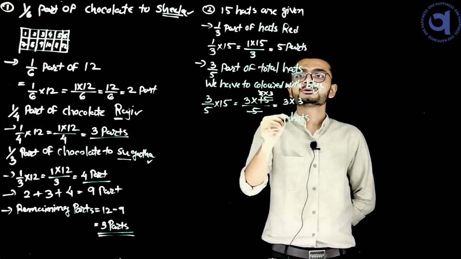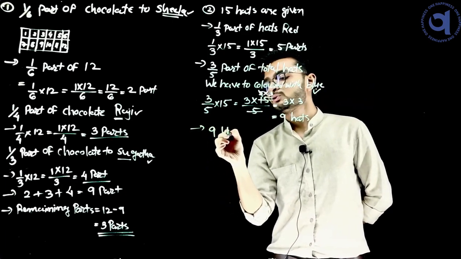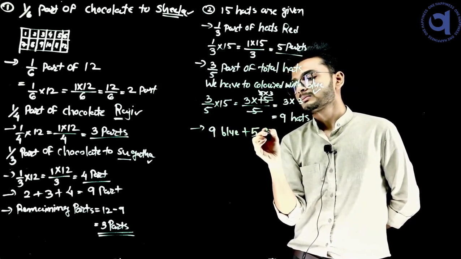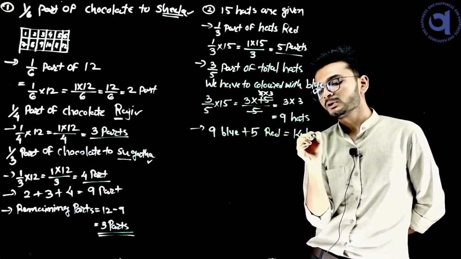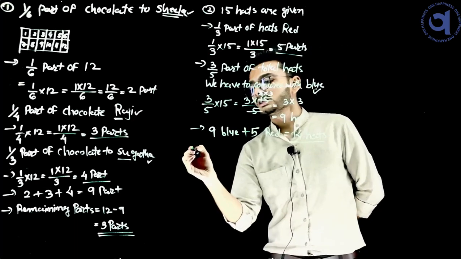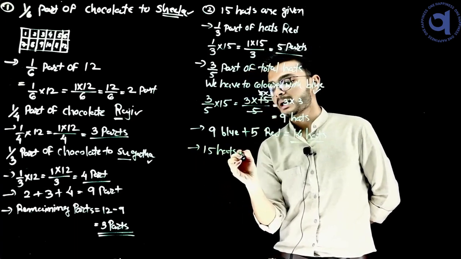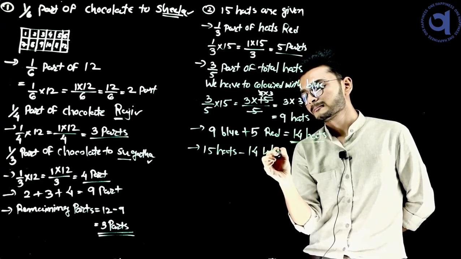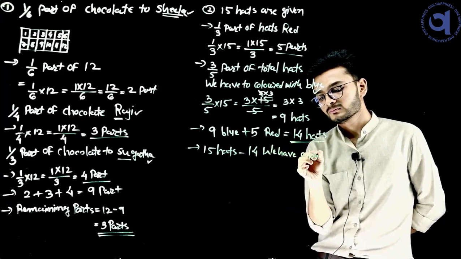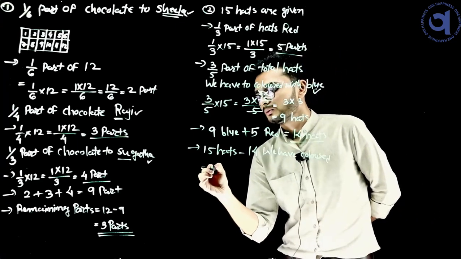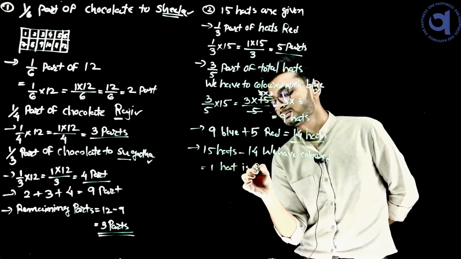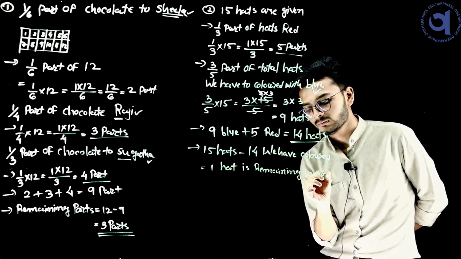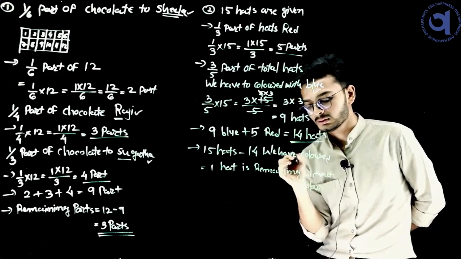Now how many total hats have we colored? 9 blue plus 5 red. That means a total of 14 hats we have colored. In total we have 15 hats, minus 14 colored, so one hat is remaining without color.